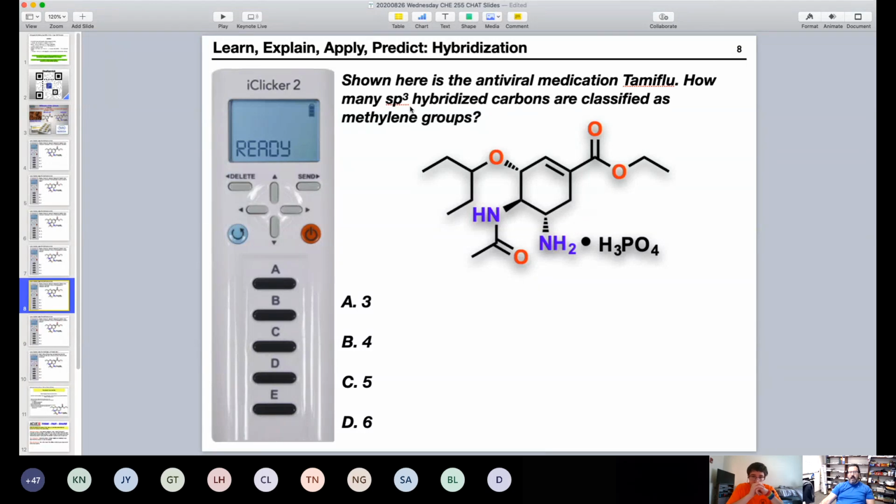Again, of the sp3 hybridized carbons, how many are classified as methylene? So again, we're gaining resolution amongst the different types of carbon in this molecule. So how many of the sp3 hybridized carbons are methylene groups?